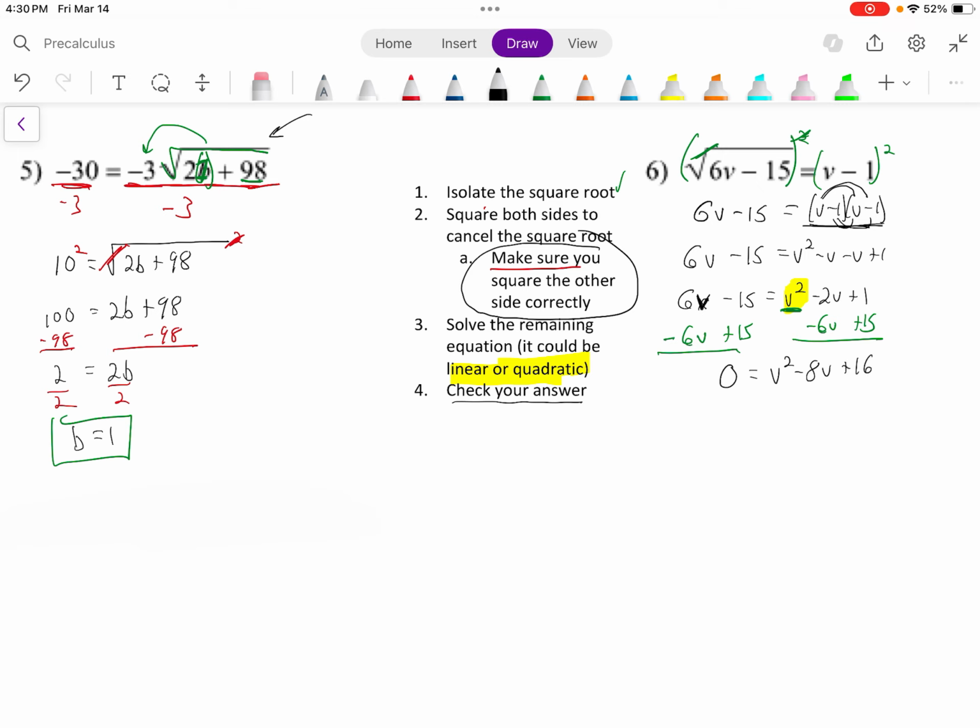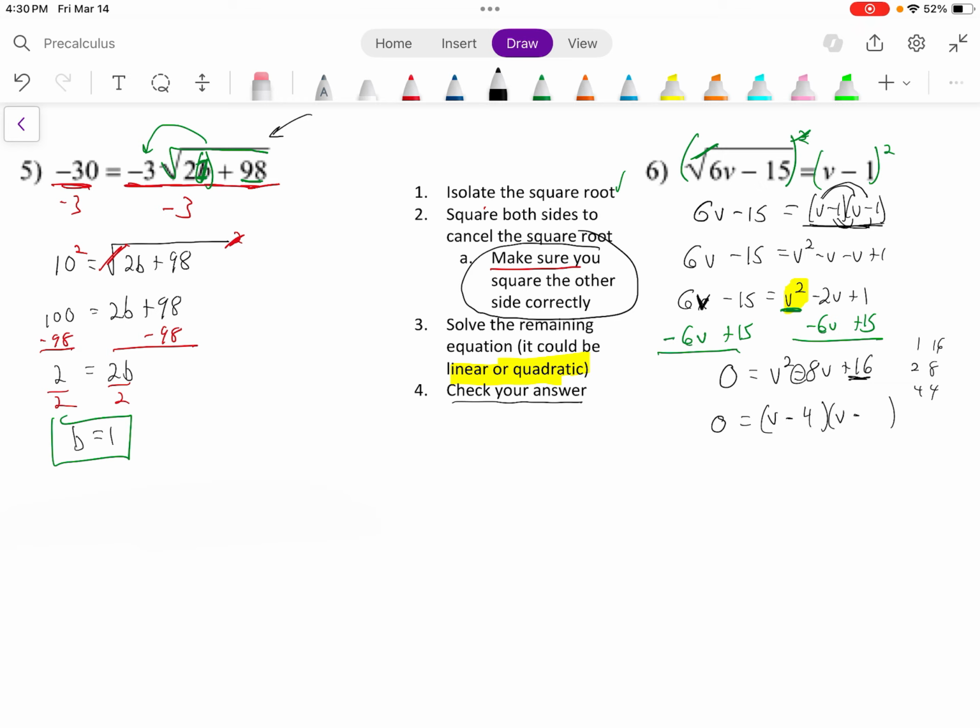Now that we have a quadratic equation, we can try factoring. If factoring doesn't work, we can do the quadratic formula. This does factor nicely. So this is going to be v and v. We need to get 16, so we have 1 and 16, 2 and 8, or 4 and 4. And we need 2 negatives.